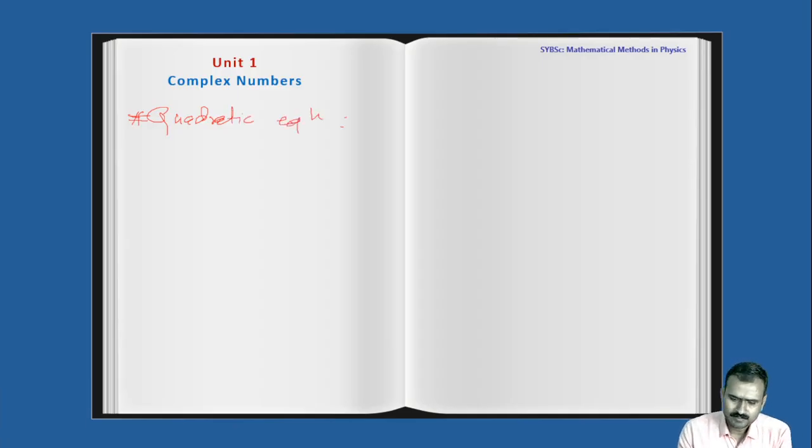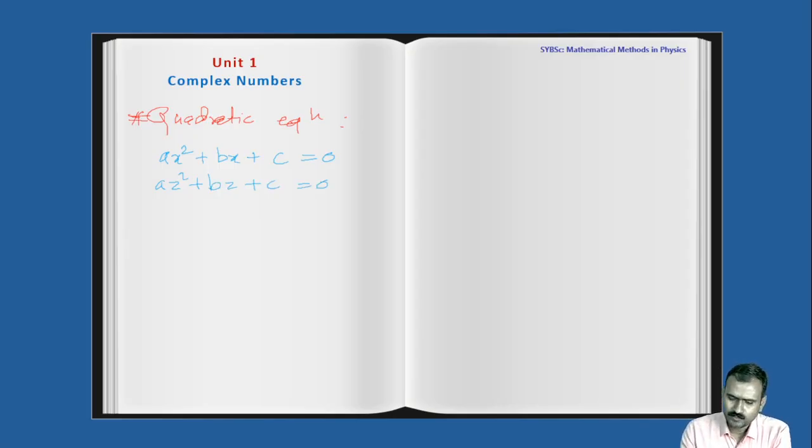So what is meant by a quadratic equation? Everyone knows the basic formula for a quadratic equation: ax² + bx + c = 0. We can write, instead of x, az² + bz + c = 0.